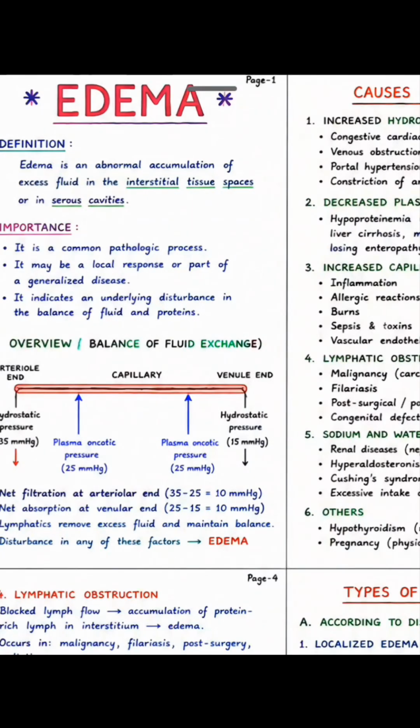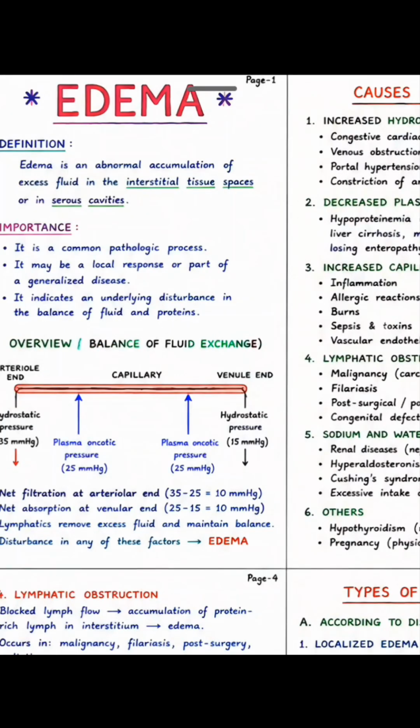Now, why does fluid normally stay inside our blood vessels without leaking everywhere? Let's look at the normal fluid exchange at the capillary level using Starling forces. First is the arteriolar end, then the capillary, and then the venular end. At the arteriolar end, the pushing pressure called hydrostatic pressure is 35 mmHg, and it pushes fluid out into the tissue.